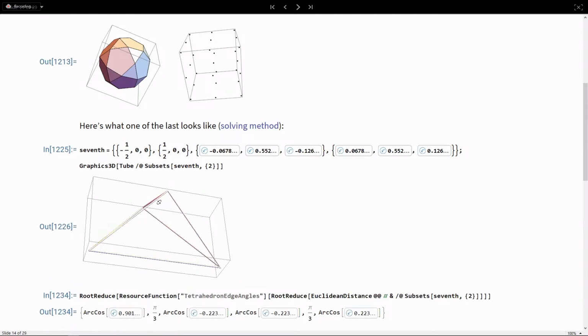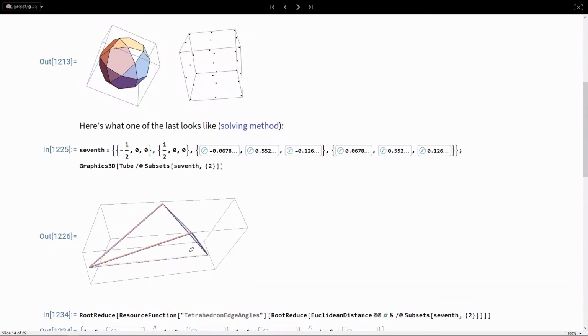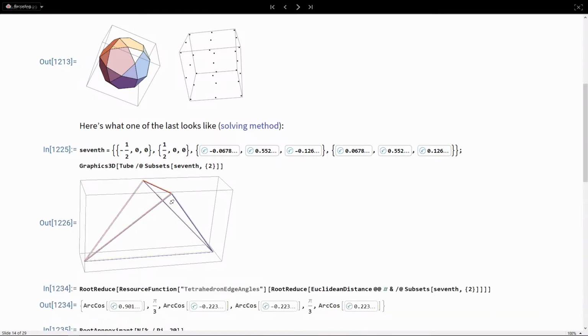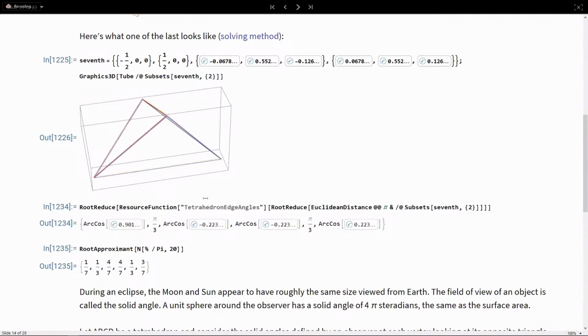And there's 3 more that can be derived from this tetrahedron. These are the points that generate it, and the dihedral angles are right here.